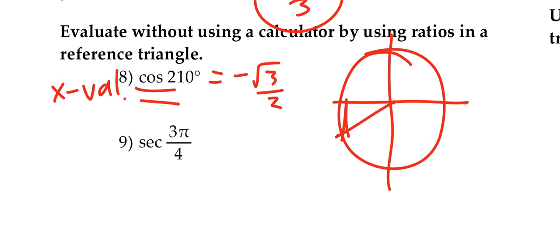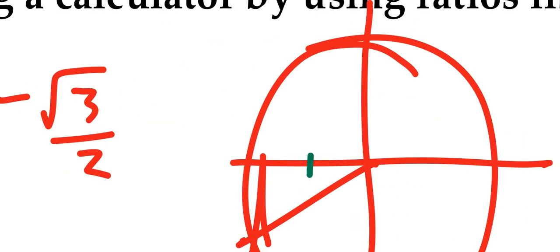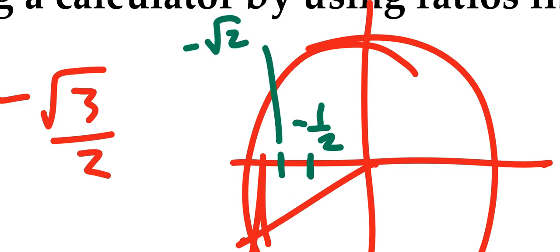Remember how they go in order for those viewing at home. What's the one that's halfway in the middle? Negative half. What's the next one after that? Negative radical 2 over 2. We already just established that this one was negative radical 3 over 2.